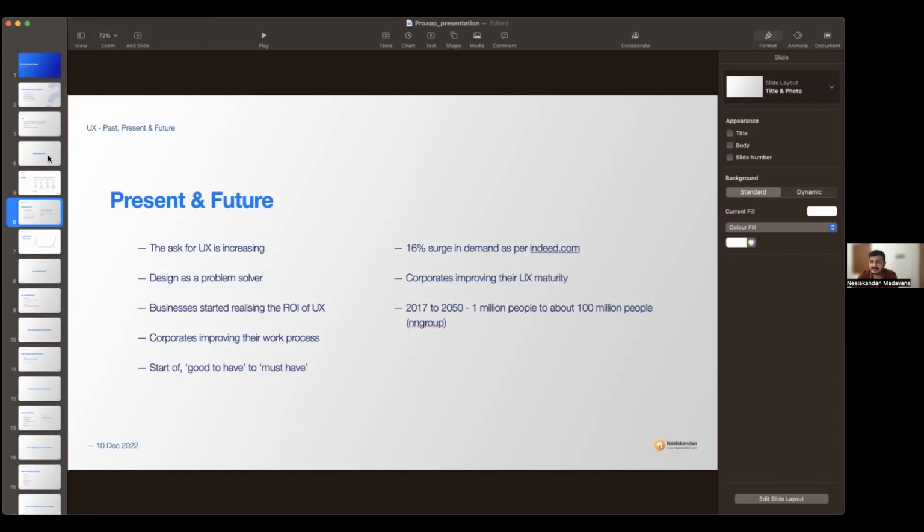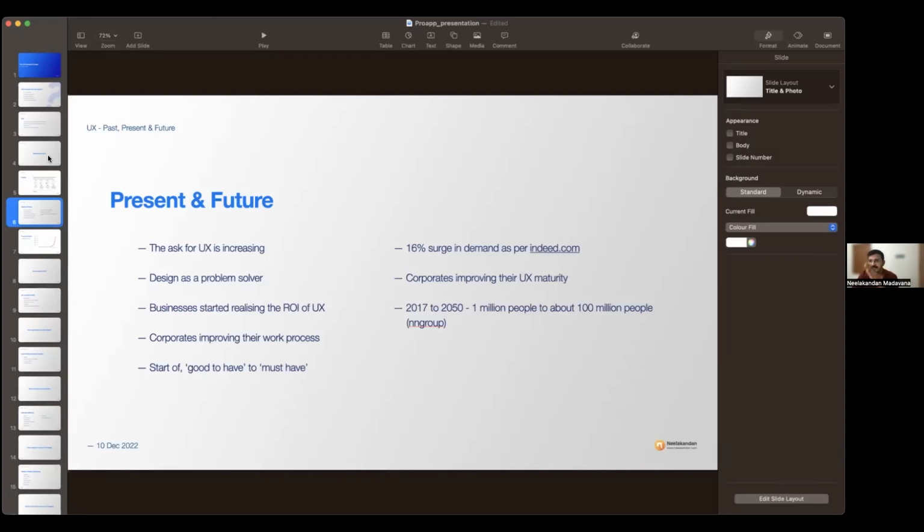The business started realizing the importance of user experience, and in the corporate workflow, they have started incorporating that also. Mm. And when you look into those, user experience was a good-to-have kind of thing 5 years back, but right now it has started changing from good to have to a must-have category.